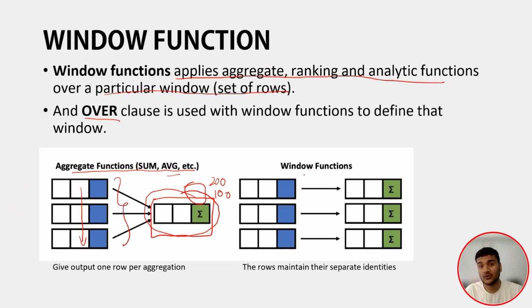Whereas if I use Windows function, for every window I get a specific answer, and the rows maintain their separate identities. This is the actual difference between aggregate functions and a Windows function.